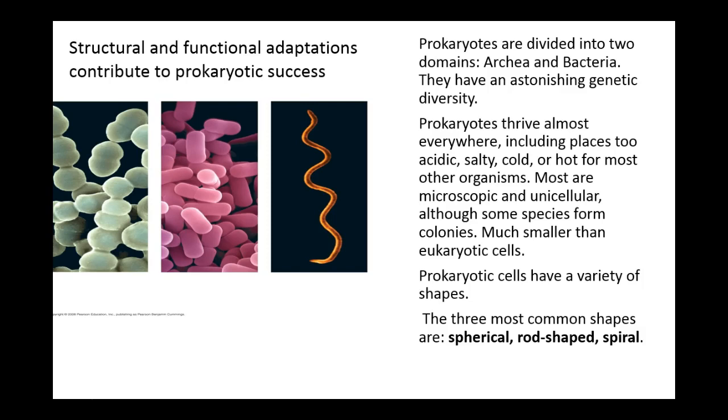Acidic environments, and we're talking about serious acidic environments, cold, hot, where you would maybe not find any other organisms. Most are microscopic, most are unicellular. Some can colonize, so some can stick together, and generally colonization happens for mutual benefit. It's better for the bacteria to have more than one in an area than just one.